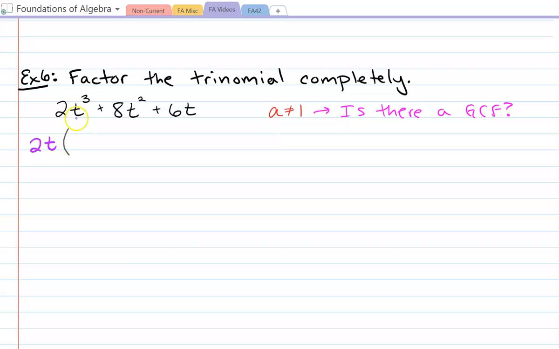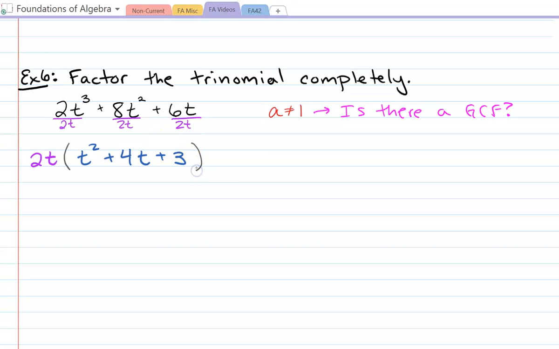Well, remember, when we're pulling out a GCF, we're dividing every term by that GCF. So if we pull out a 2t, then we are left with t squared plus 4t plus 3.